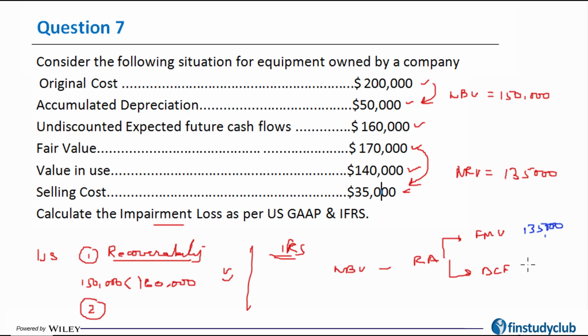The value in use, the discounted cash flow, is 140. Therefore, greater of the two, obviously as a businessman, I'm going to do what benefits me. 140,000 is what I will be able to recover from the asset, and the net book value is coming out to be 150. Therefore, as per IFRS, impairment loss is equal to 10,000. So both the standards give you a different answer.